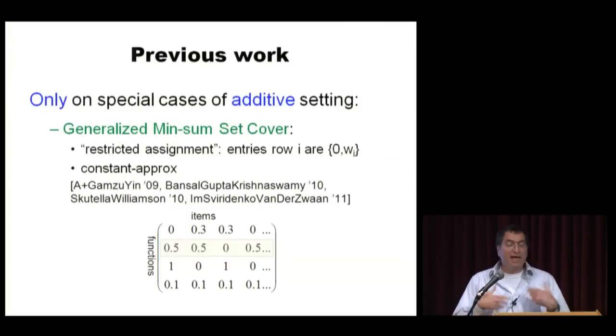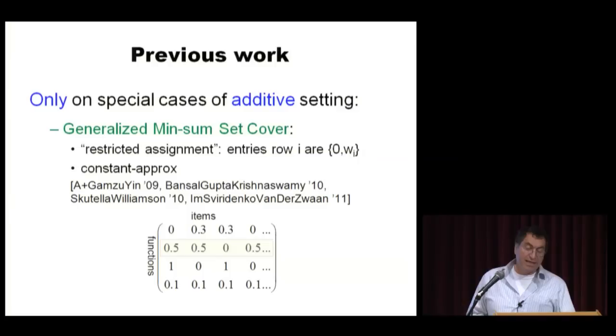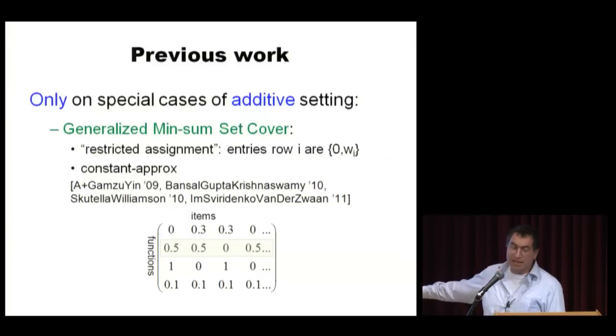So then there are more problems now, not only about 0, 1 matrices, but again, only for the additive case. But each row can have only 1 type of value, either 0 or 1 value. Let's say 0.3, 0.3, 0.5, 0.5. And then, what does it mean? In the search problem, it means that you are looking for a certain number of pages, but you don't care which, as long as they are relevant.